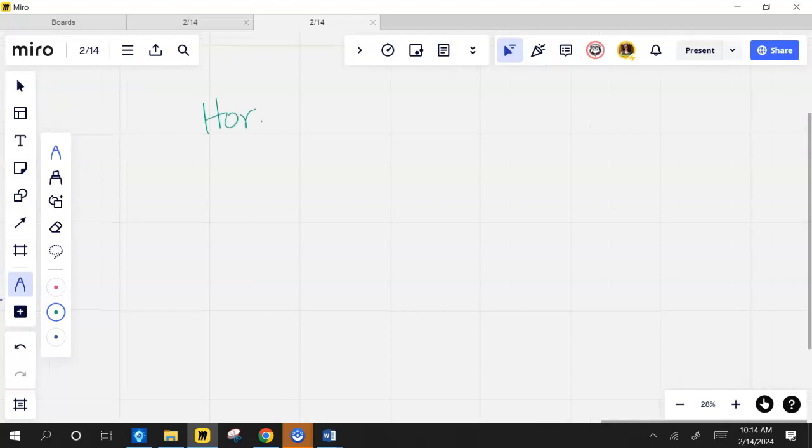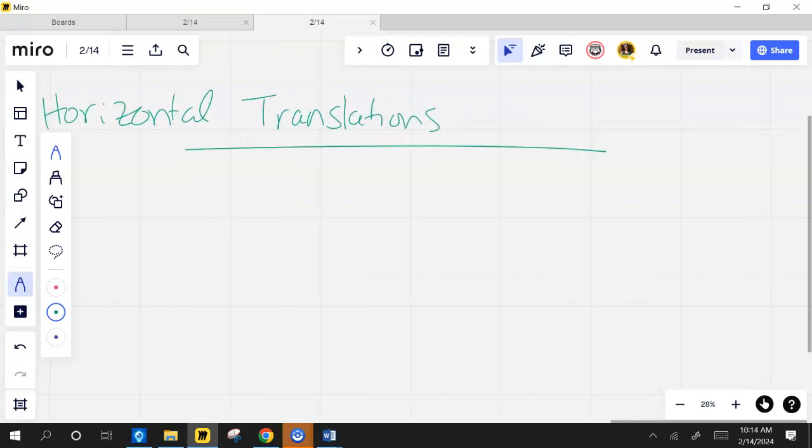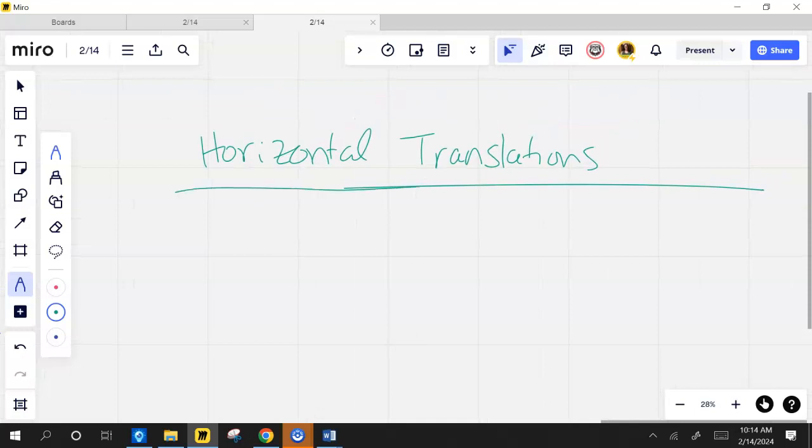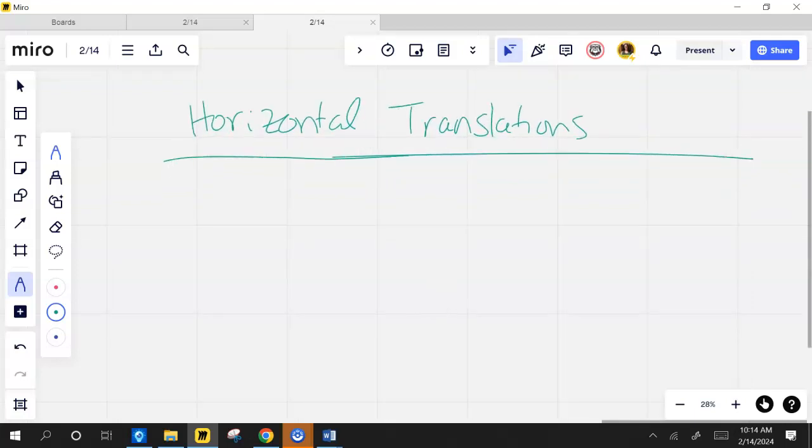Now we're gonna do horizontal translations. Now, horizontal has to do with the x-axis, and anything to do with the x-axis is always opposite. It gets so stinking confusing, I know. But here, if you look at your little cheat sheet, now we're on lines 3 and 4.